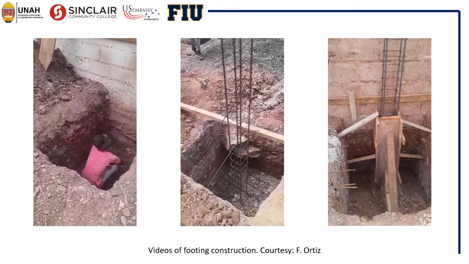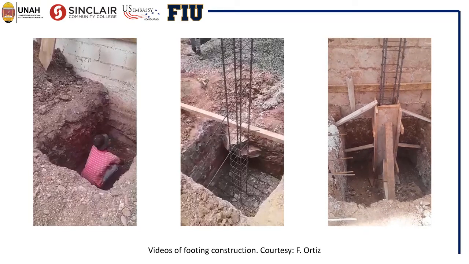Before putting the rebar steel in the bottom and the rebar steel of the column, we usually put a small layer of gravel just to be sure that the concrete we are going to use in the footing will not be in direct contact with the soil, because that can contaminate the concrete.